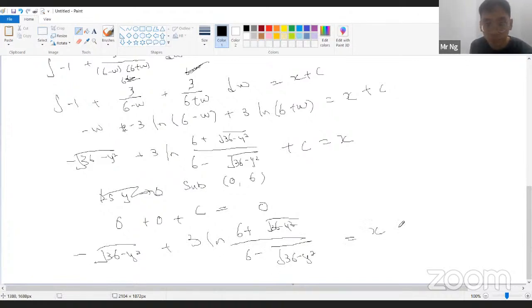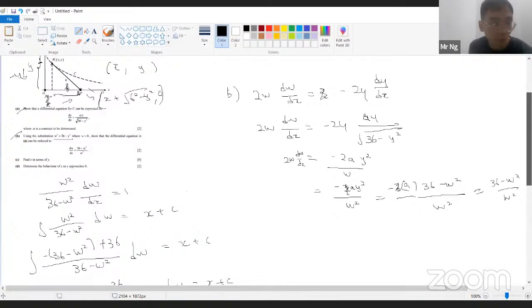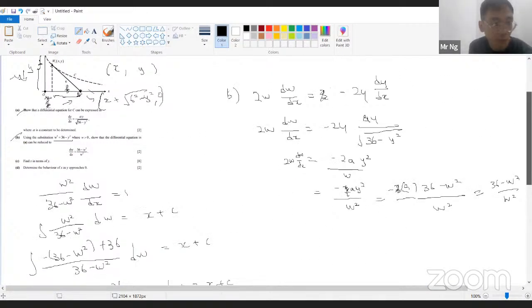Okay, so the behavior of x as y approaches 0.